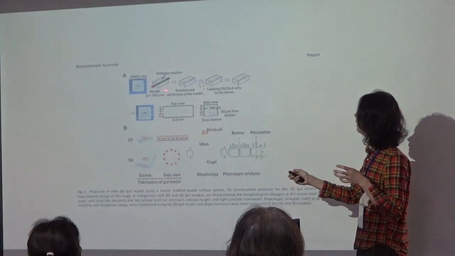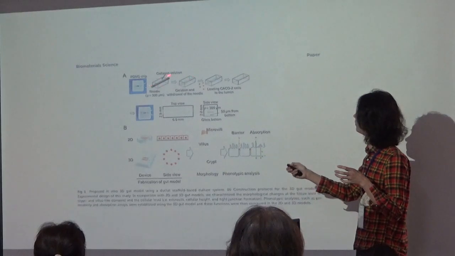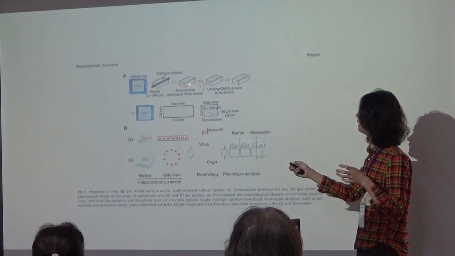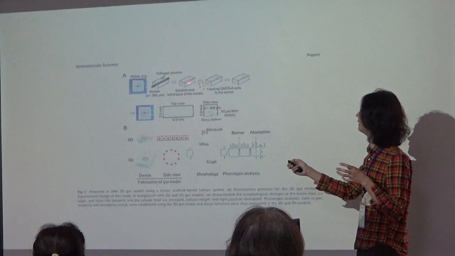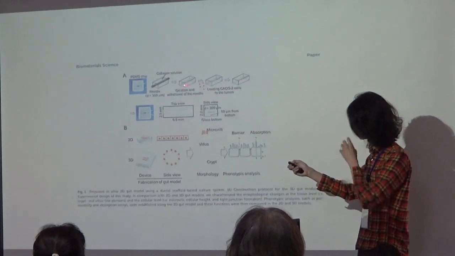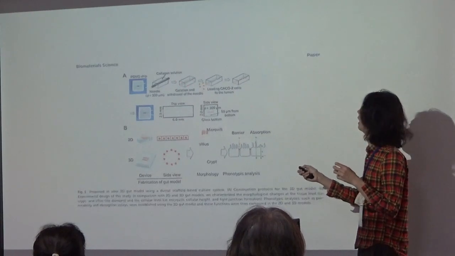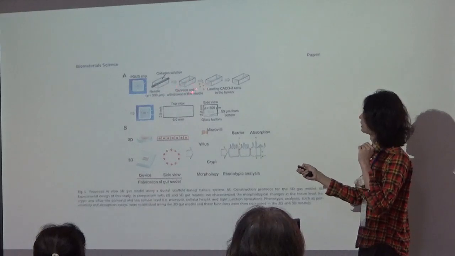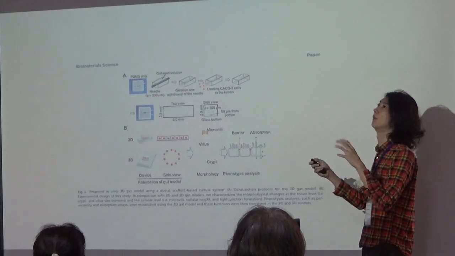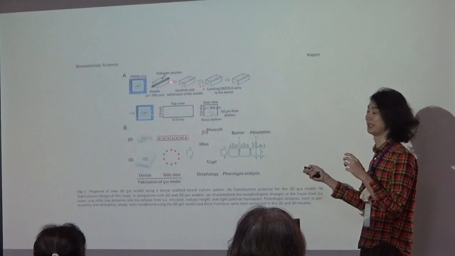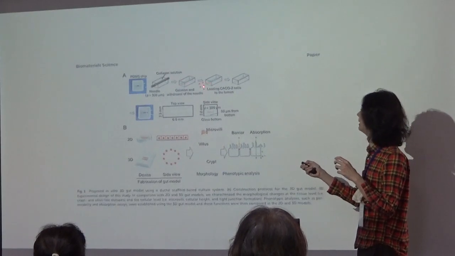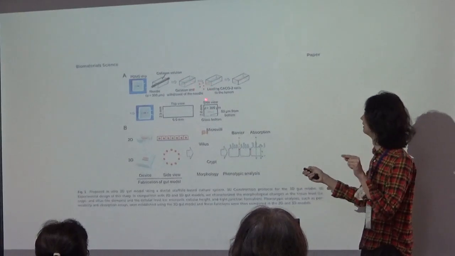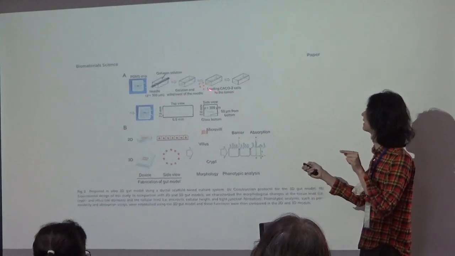So by pulling out the acupuncture needle, we make the hollow channel in the collagen gel. So after gelation for 90 minutes, we will load and seed the Caco-2 cells.